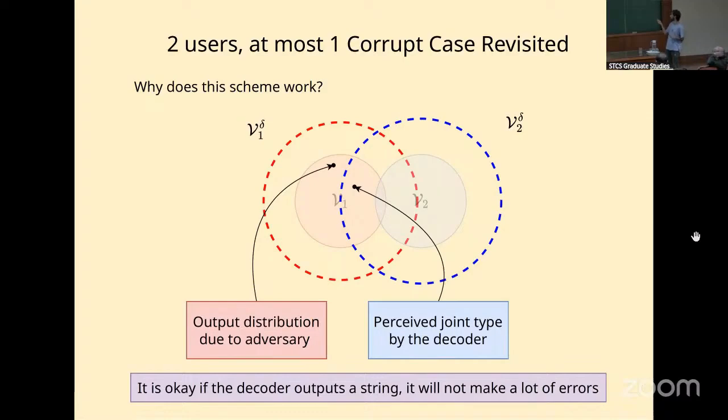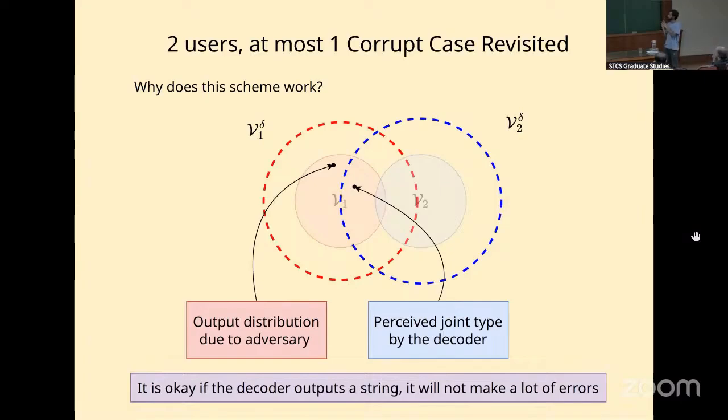There is a technical reason why this scheme works. Consider an attack very close to the boundary, where user 1 mounts an attack very close to the intersection.